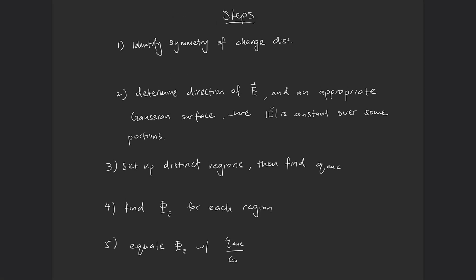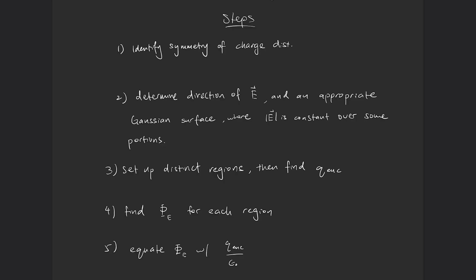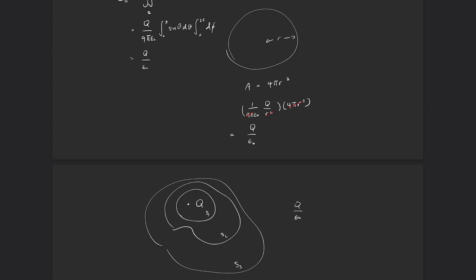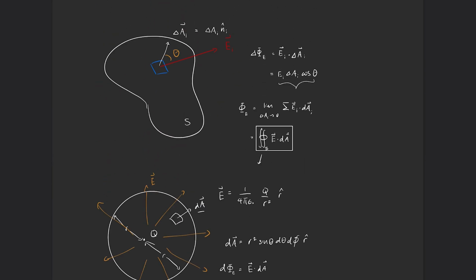All right, now here are some general steps that you can use for doing Gauss's law questions. Firstly, identify the symmetry of our charge distribution. For example, for a sphere, if we set up a spherical Gaussian surface, the electric field is symmetrical in all parts because it points radially outwards.